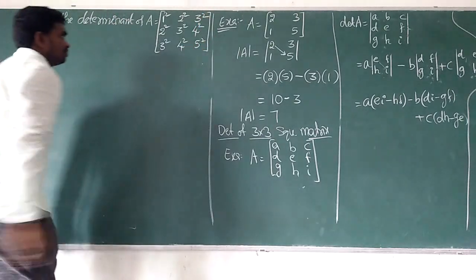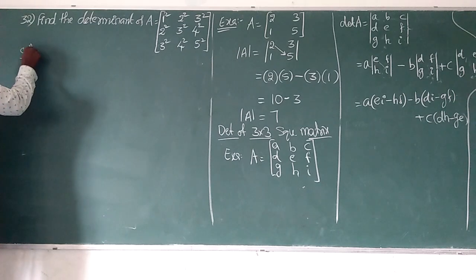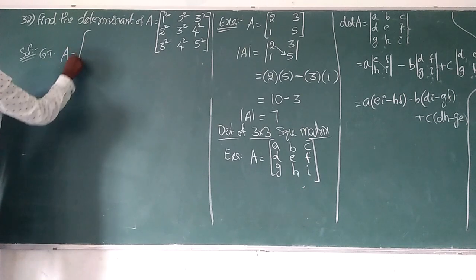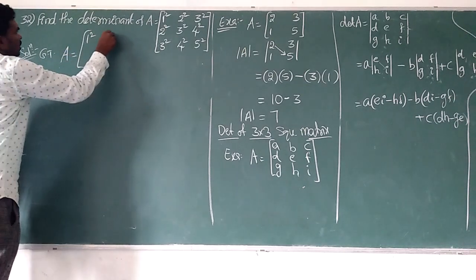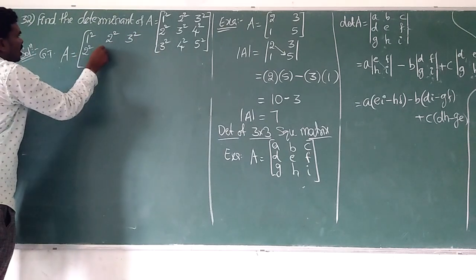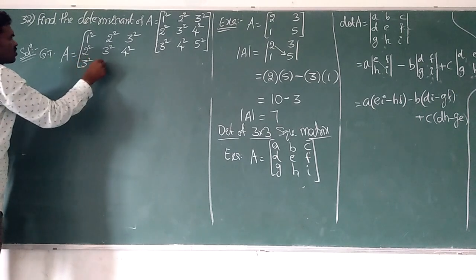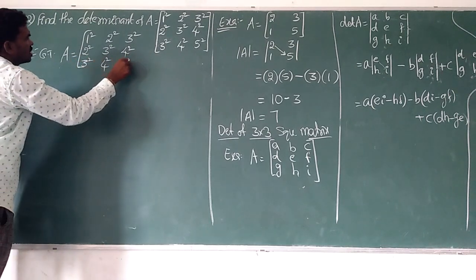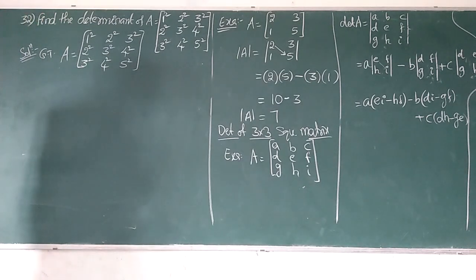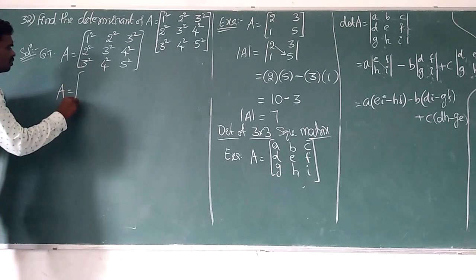So this is the 32nd very short question. See the solution. First of all, given that matrix A equals 1 square, 2 square, 3 square, 2 square, 3 square, 4 square, 3 square, 4 square, 5 square. This is the given matrix. Now this is also an important sum for a 2 marks question. One more step I am going to simplify.